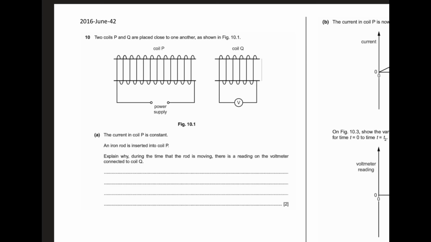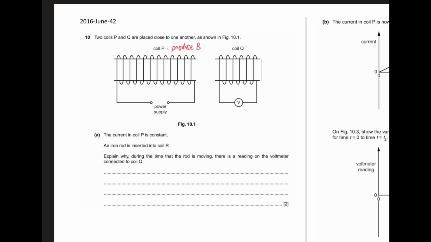This one produces a magnetic field B because of the current. Then this other coil, you see, is connected to a voltmeter. If they connect to a voltmeter, we should expect EMF induced here.